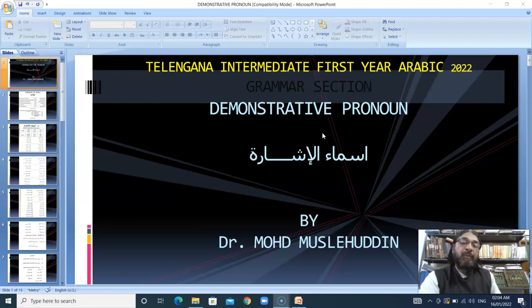Likewise, singular, dual, plural for far indications, male and female. So you must memorize the 12 Asma'ul Ishara: Hadha, Hadani, Haulai, Hadhihi, Hatani, Haulai, Dhalika, Dhanika, Ulaika, Tilka, Tanika, Ulaika.